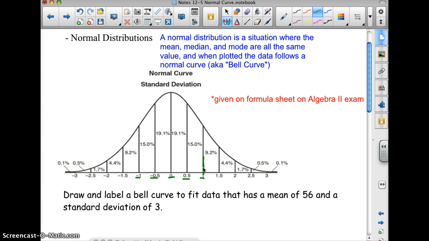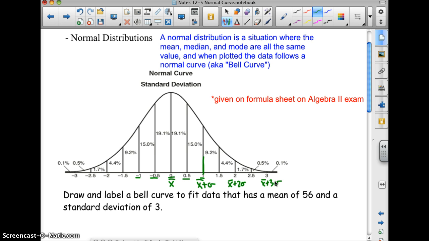This 0, sometimes you'll see, and if you look above my smartboard in my classroom, I actually have X bar written there. And then over here at 1, instead of having 1 there, I have X bar plus sigma, which is one standard deviation above. And where this would be 2, I have X bar plus 2 sigma, and so on like that, all the way out to this last one here, which is X bar plus 3 sigma.